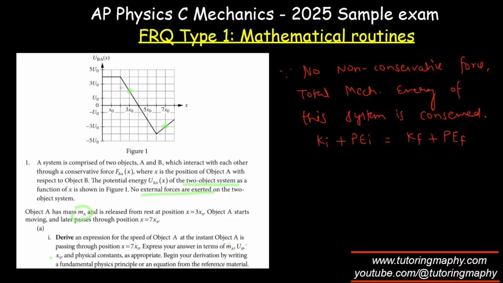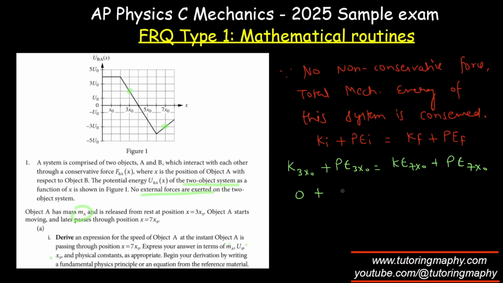So let's conserve the energies, obviously between 3x naught and 7x naught. So we are going to say that the kinetic energy at 3x naught plus the potential energy at 3x naught is equal to the kinetic energy at 7x naught plus the potential energy at 7x naught. Kinetic energy at 3x naught is 0 because the object is just released.